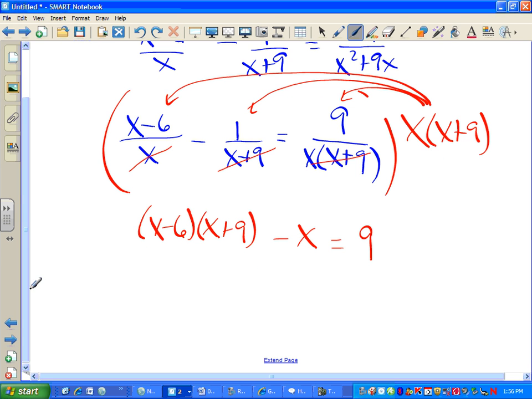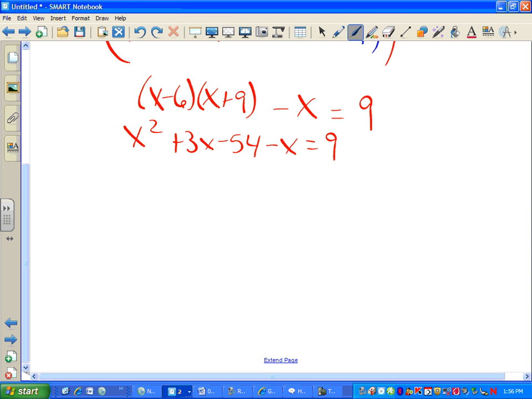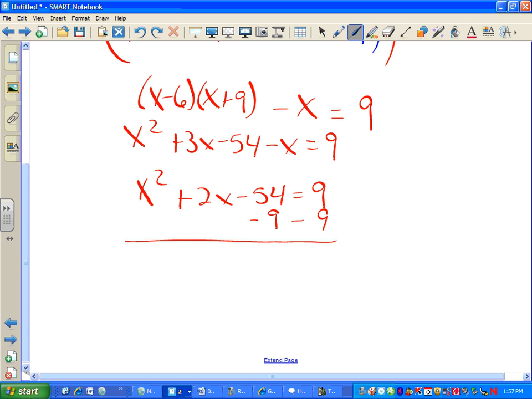From here, we need to FOIL. Foiling this out, pause if I go too fast, would give you x squared plus 3x minus 54 minus x equals 9. Combining like terms, it's going to give you x squared plus 2x minus 54 equals 9. Subtract the 9 over. We're going to have x squared plus 2x minus 63 equaling 0.